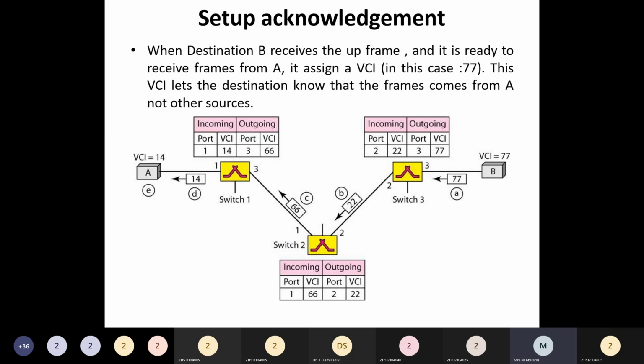Okay, so how is the frame decided when ready to receive the data from A, and how to assign the virtual circuit identifier?